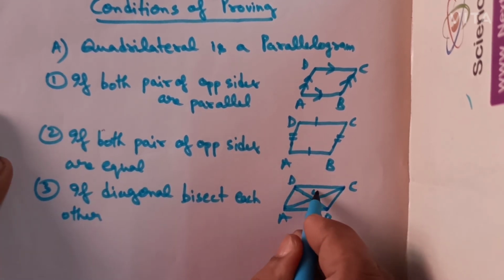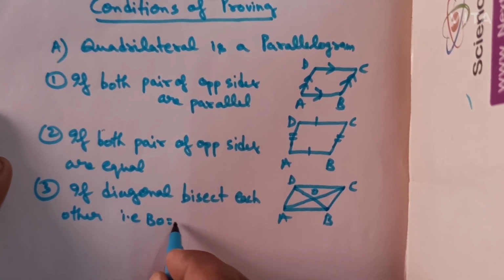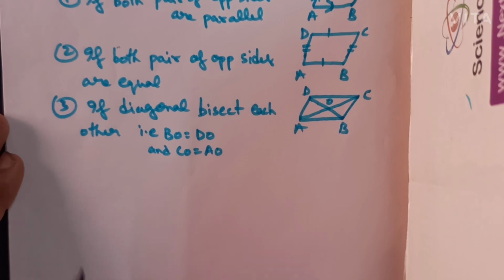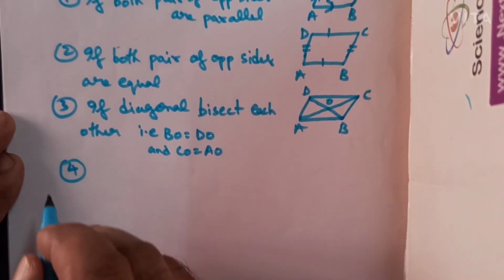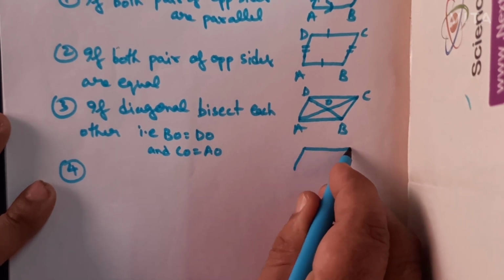That is, if BO is equal to DO and CO is equal to AO, then we say that the given quadrilateral is a parallelogram.